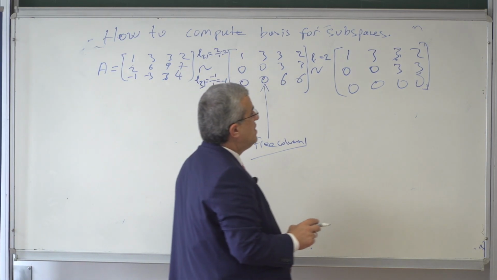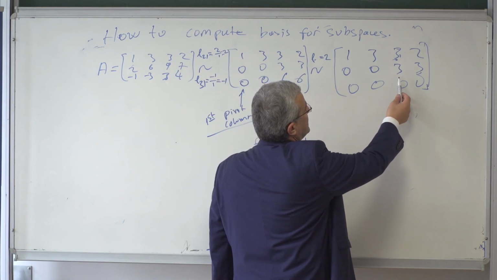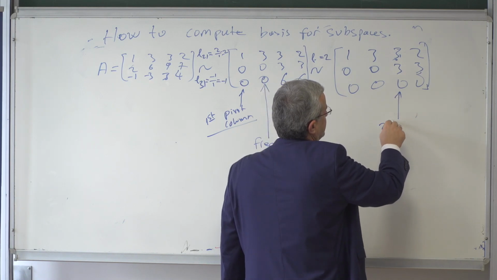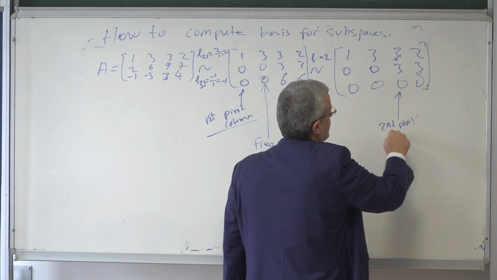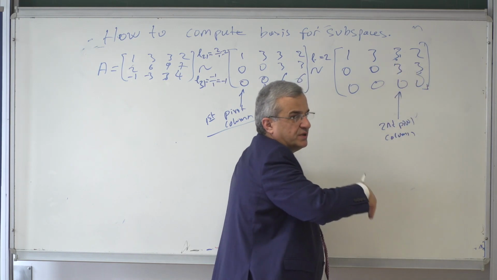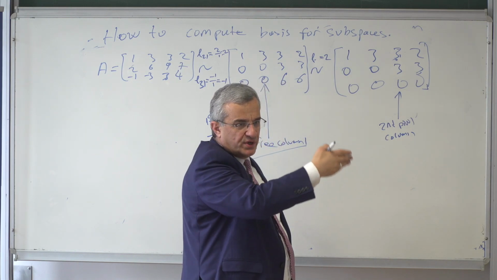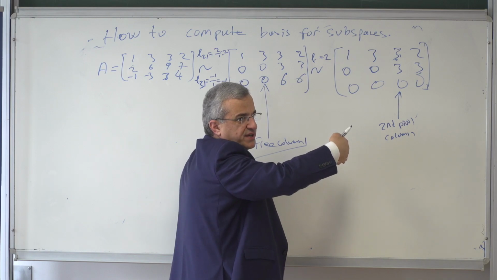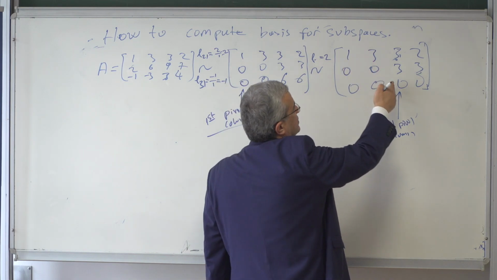So I took care of this one. This is my second pivot column. I go to the next column, right? I took care of the first, for the second I didn't do anything. It was taken care of by itself. I took care of the third one.